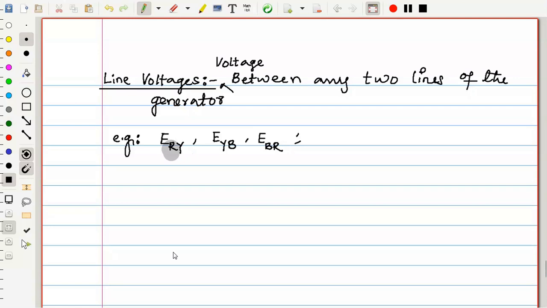R is equivalent to the first coil, Y to the second coil, B to the third coil. So we can call it 1 to 2, 2 to 3, 3 to 1, that is RY, YB, BR.